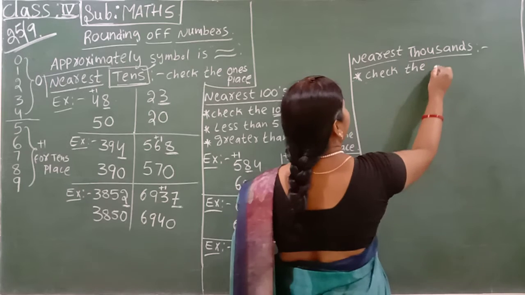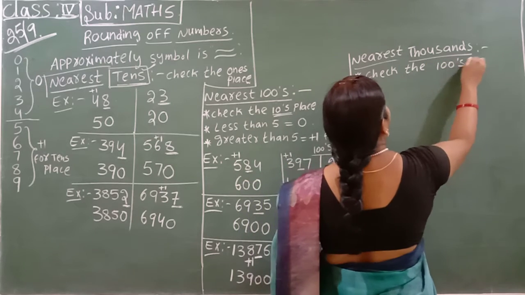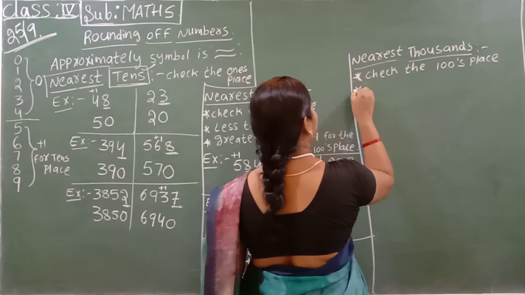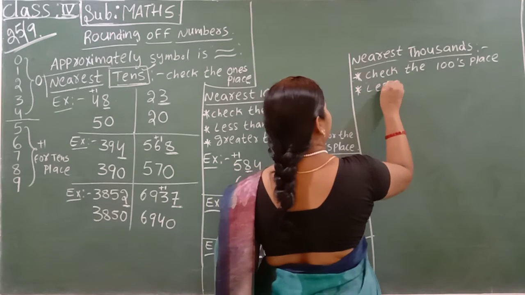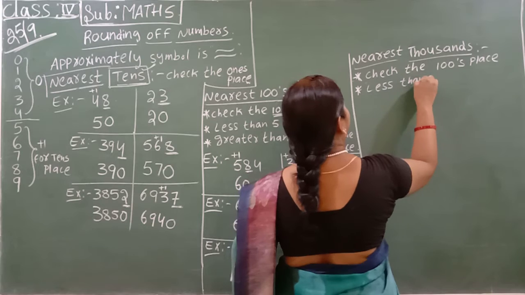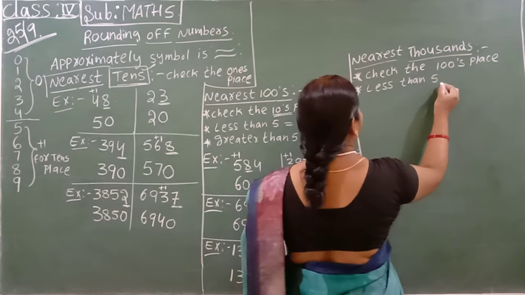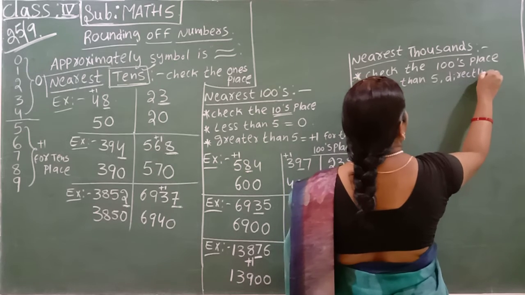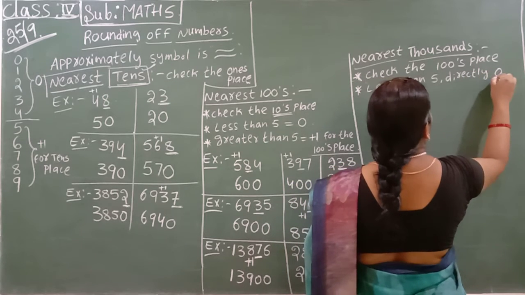Check the hundreds place, and if it is less than 5, you can keep directly 0.